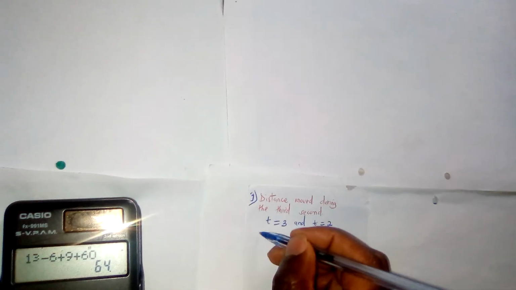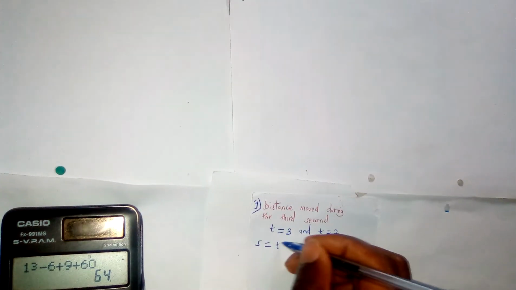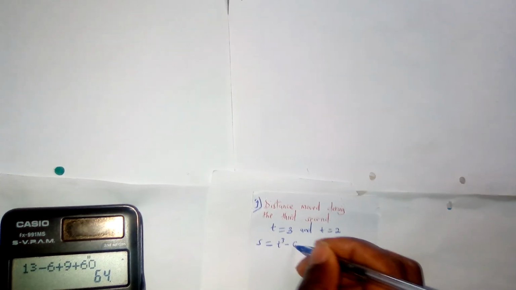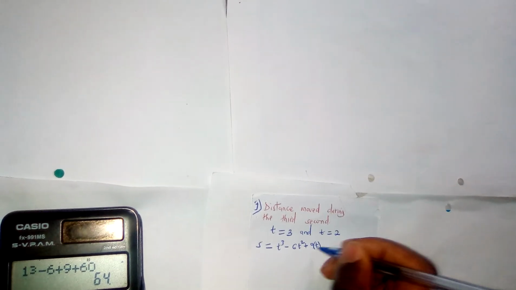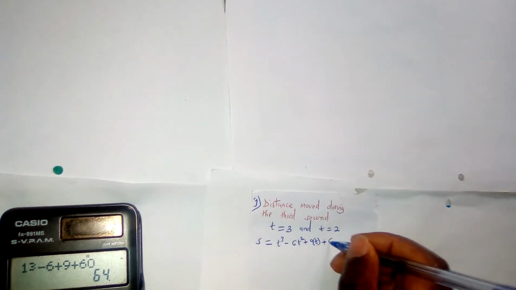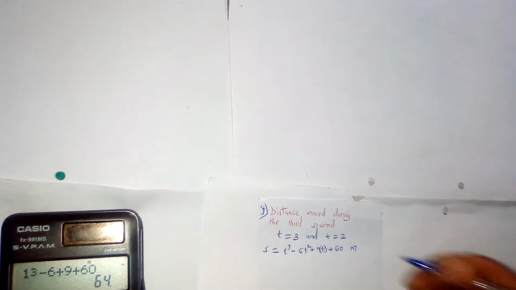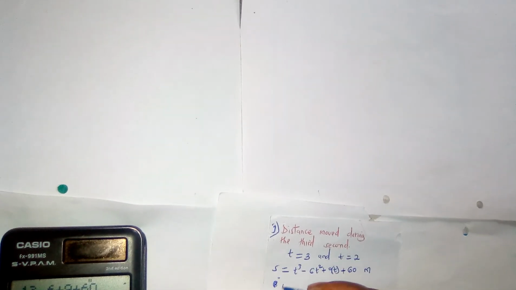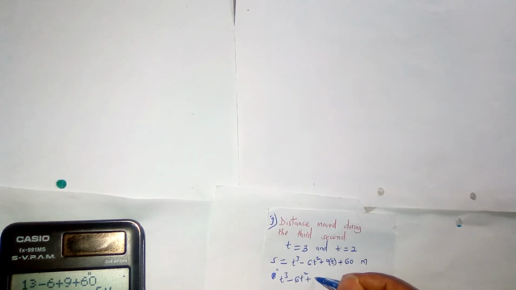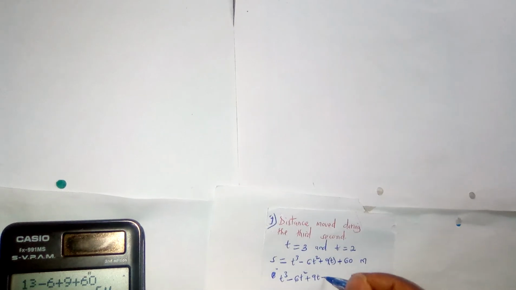Now remember, our displacement back there was t cube minus 6t squared plus 9t plus 60 meters. Now for me to get the distance, let me write the equation first. So that is t cube minus 6t squared plus 9t plus 60 there.